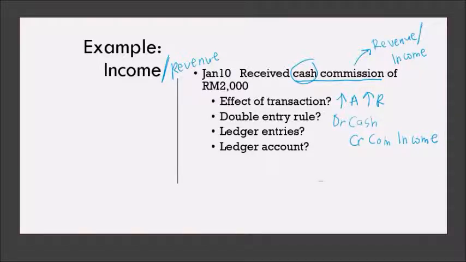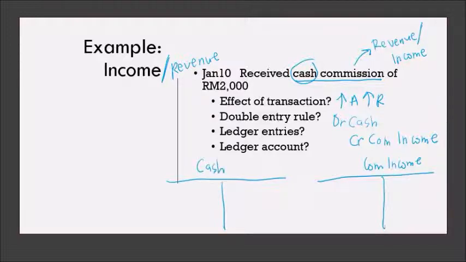Now we open our ledger, first being commission income, second is our cash. So a tip for you all: since usually payments or receipts are made by cash or through banks, you have to look back in the past transactions whether the cash account and bank account have previous transactions.